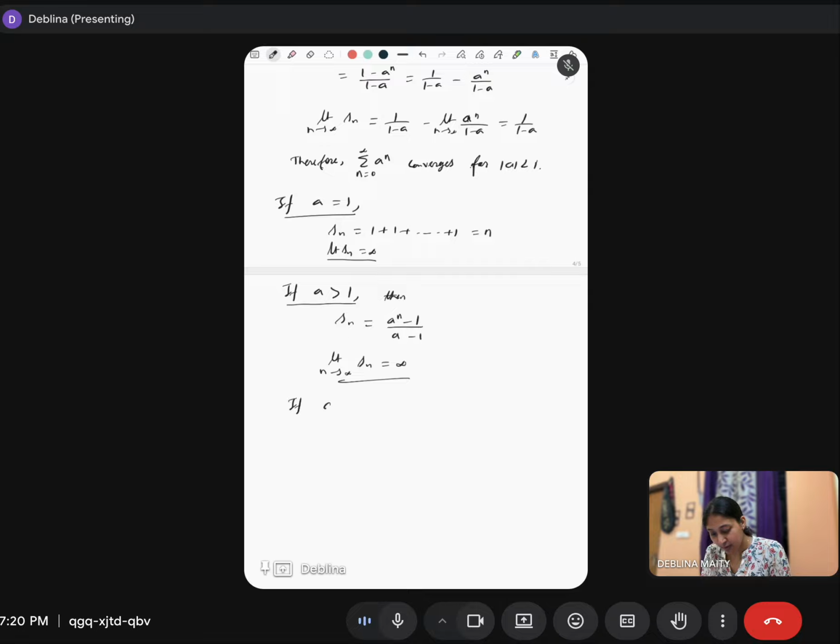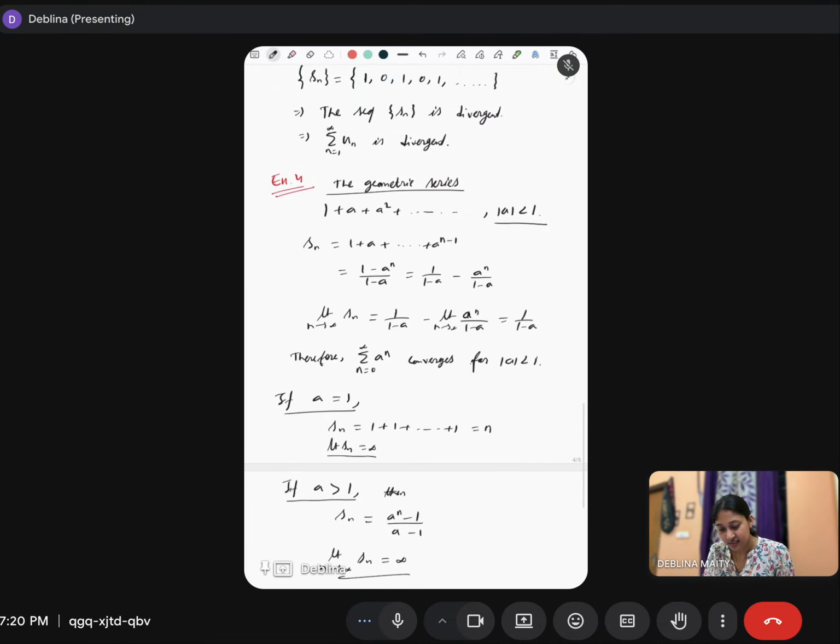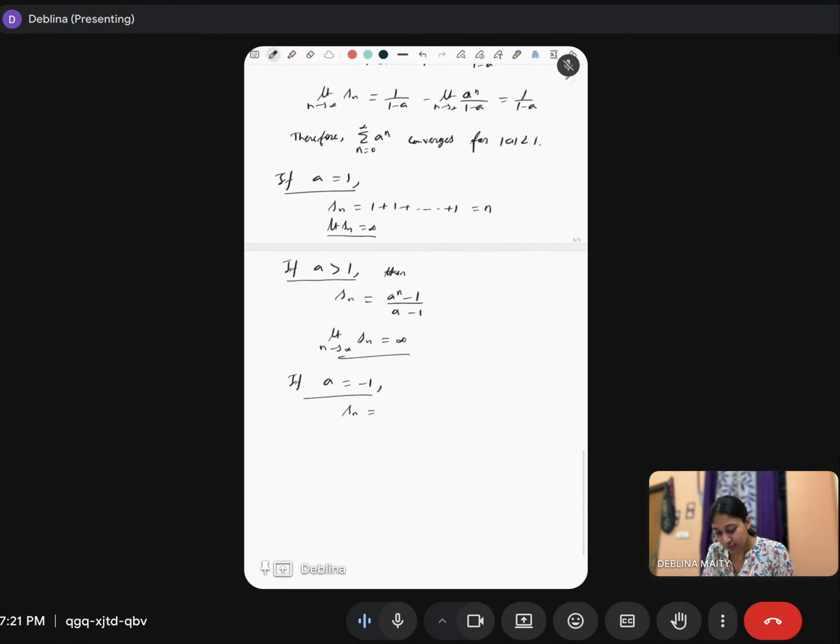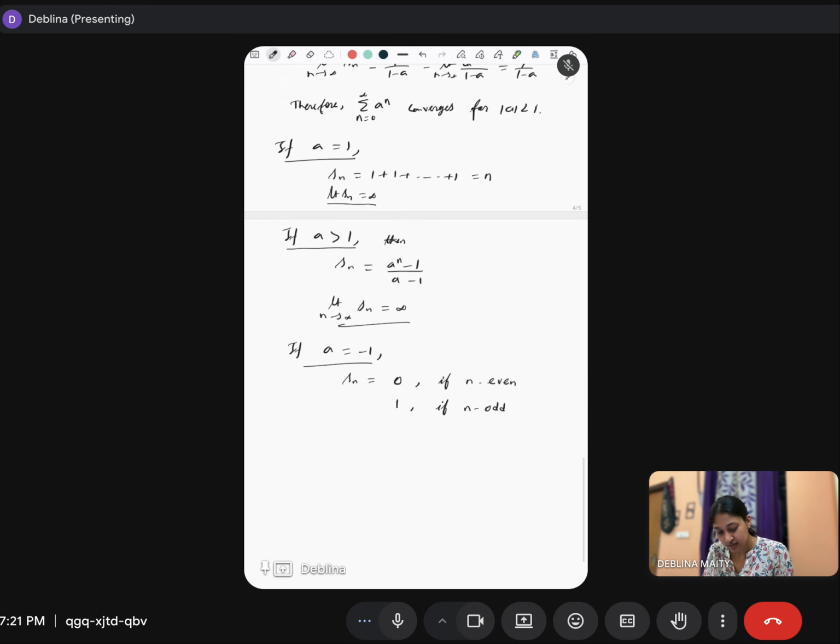Now what about a equals minus 1? So then Sn will be oscillating, right? This series. So Sn will be 0 if n is even and 1 if n is odd, right? So Sn is oscillating, this means it is divergent.